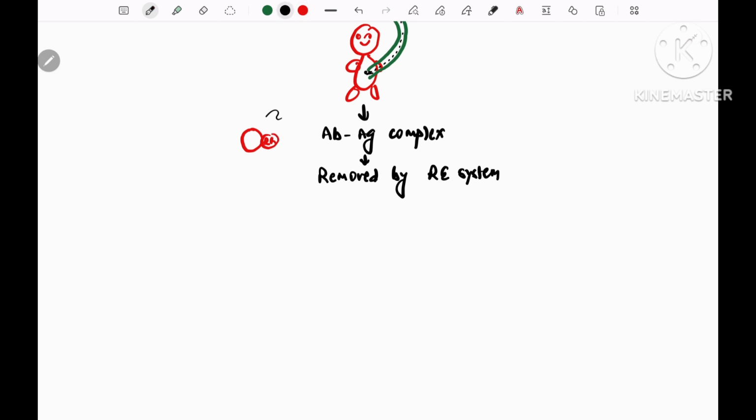Now the antibody has come and combined with the Rh antigen, and the antigen-antibody complex has been formed, and this is removed by the reticuloendothelial system.